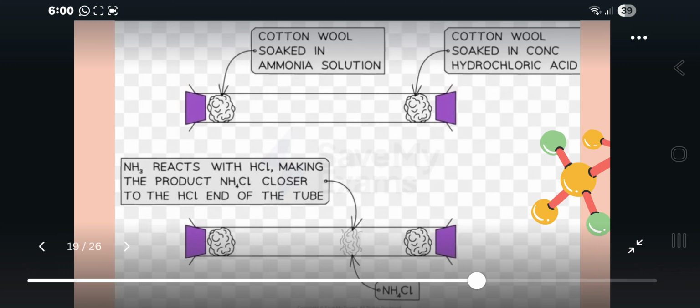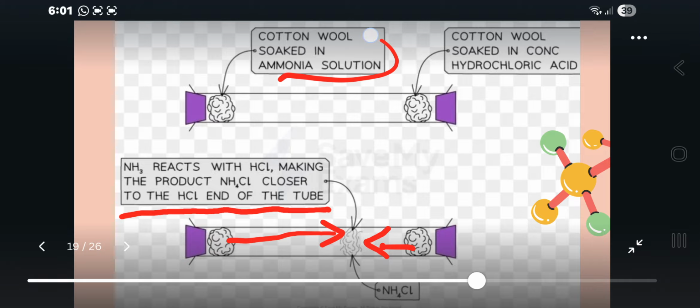They form NH4Cl towards the HCl end of the tube. Can you see that the hydrochloric acid cotton is producing very little? And can you see the ammonia one? This much ammonia has formed, and only this much hydrochloric acid. Understood? This experiment is just to show you the reaction between ammonia and hydrochloric acid. Let's move on.